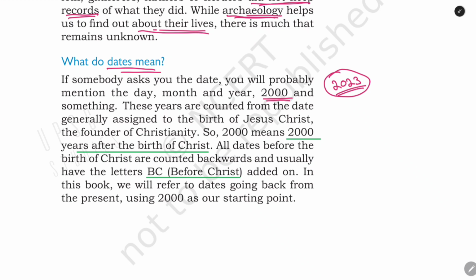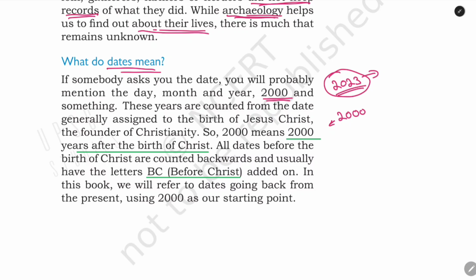It means 2023 years after the birth of Christ. For example, 2000 means 2000 years after the birth of Christ. For 2023, it is 2023 years after the birth of Christ.